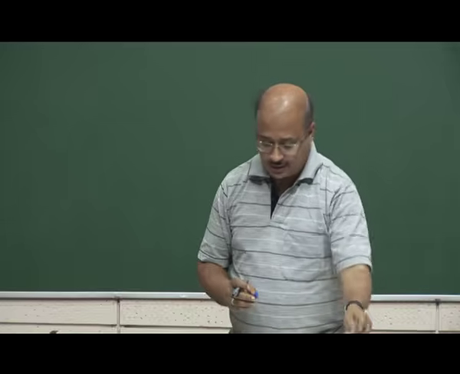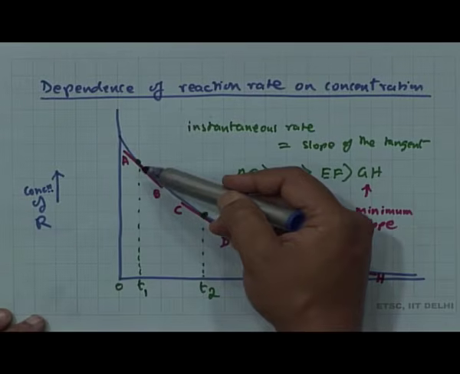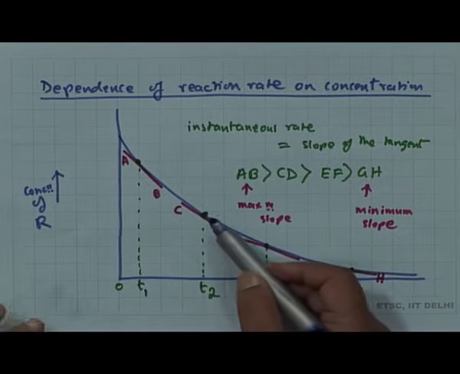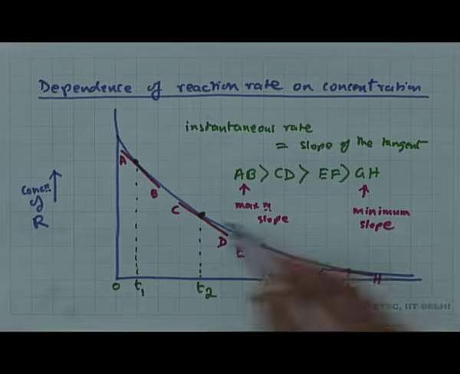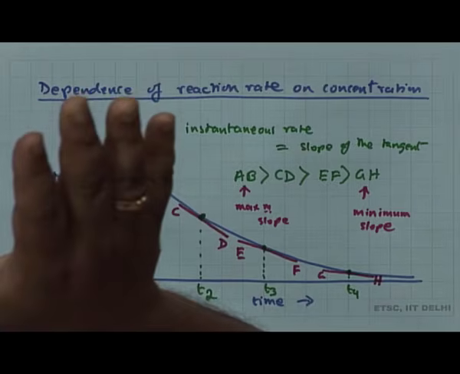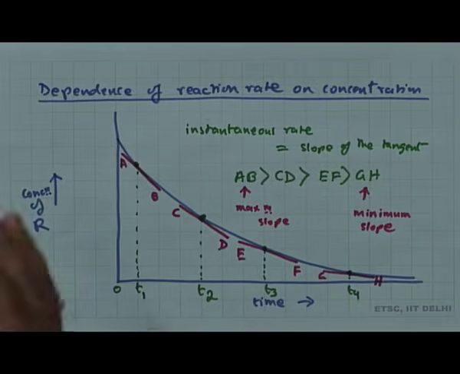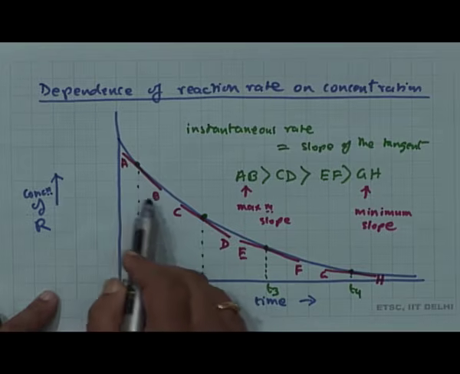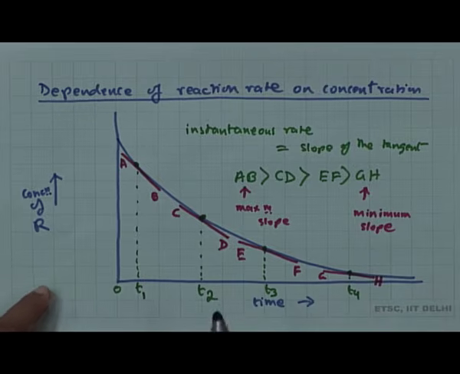Why do we say that? Again, let us go back to this figure. At time t1 I have a certain concentration of the reactant R, at time t2 I have a certain concentration of the reactant R, at time t3 I have a certain concentration, and so on. As I increase my time, the concentration of the reactant is decreasing. Not only that, based on the slopes of the tangents we have drawn, you can see that along with the decrease of the reactant concentration, the slope of the tangent is also decreasing.